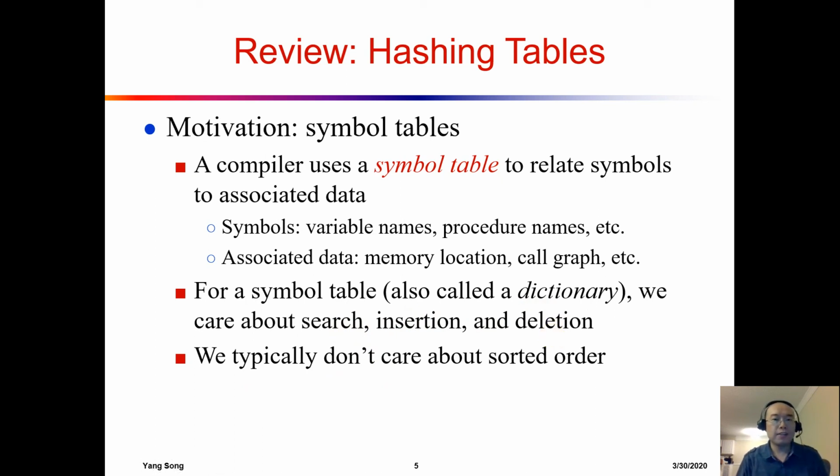So this is a new challenge. We still want a dynamic set, however, we want this dynamic set to do search, insertion, and deletion as fast as possible. And by fast, I mean, if possible, I want all those three to be constant time.